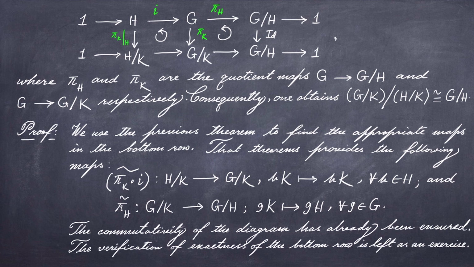Just keep in mind that this map sends HK to the same HK inside G mod K, and a coset GK to the corresponding coset of H. In view of this, the exactness is almost immediate.